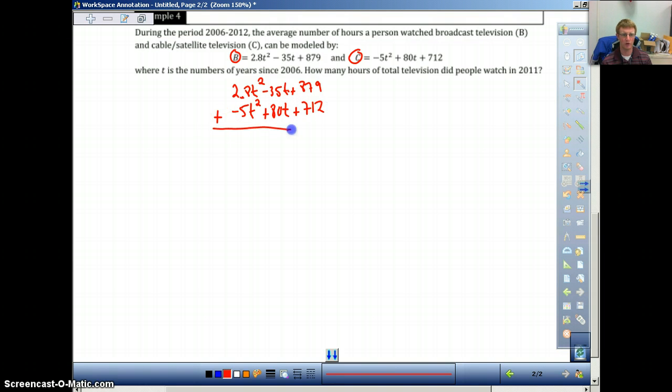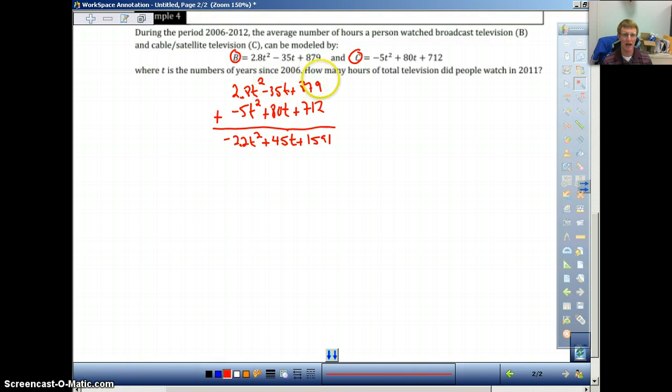And then we're just simply going to add those up, and we end up with negative 2.2t squared plus 45t, because negative 35 plus 80 is 45, plus 1,591. So there's our equation that models this.